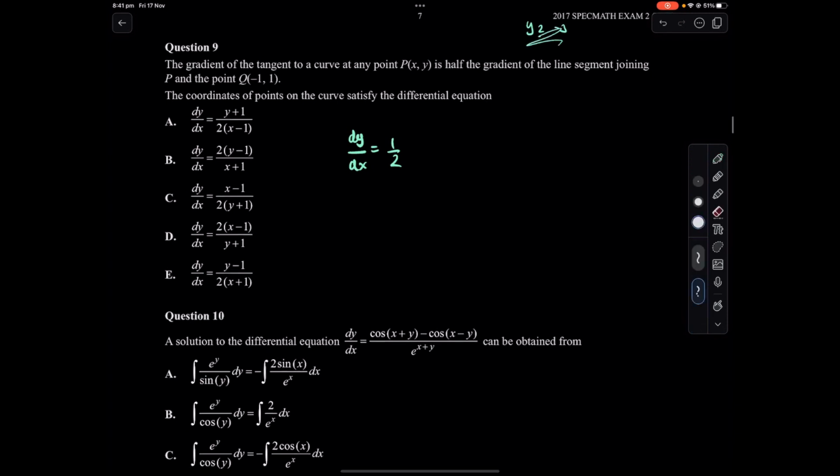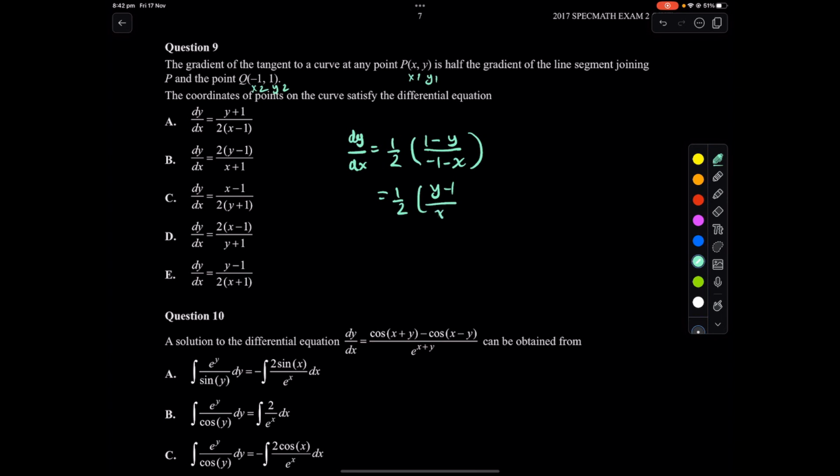So in this case, what's our y2? We'll call this y2. And so this is x2, x1, y1. So it'll be 1 minus y over negative 1 minus x, which will give us y minus 1 over x plus 1.